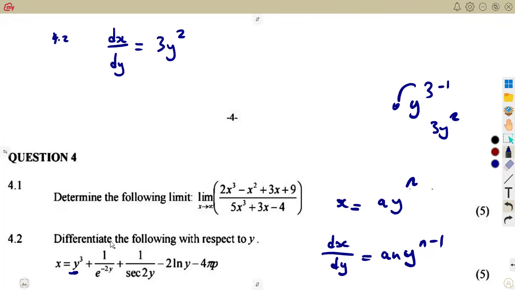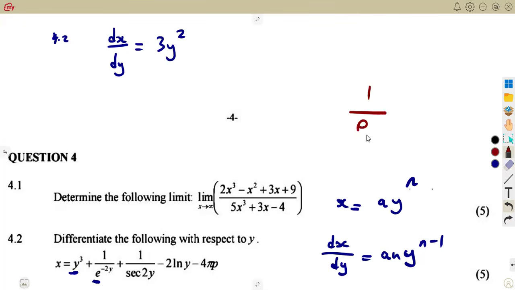Then we move on to this one, 1 over e to the exponent of negative 2y. Before we differentiate, is it in the format of an exponential? An exponential, guys, let's write it the way we are supposed to, like e to the exponent of a number, not 1 over this. So how do we get rid of this 1 over?